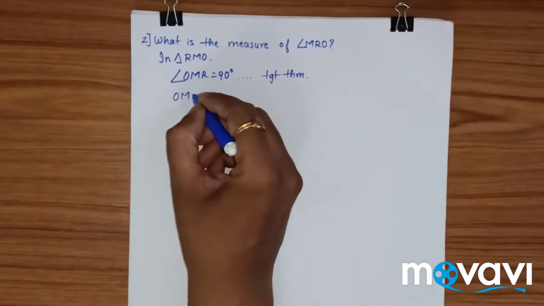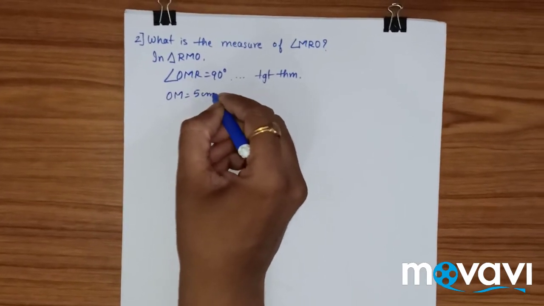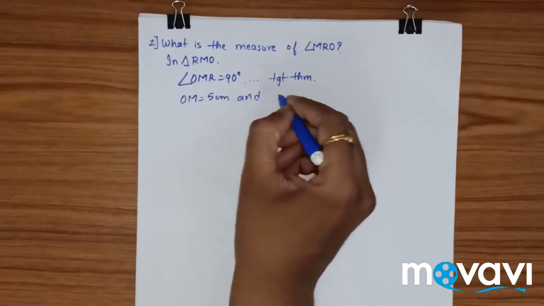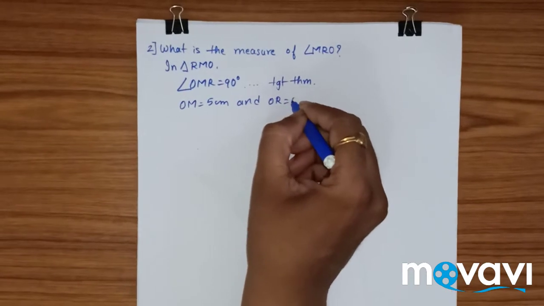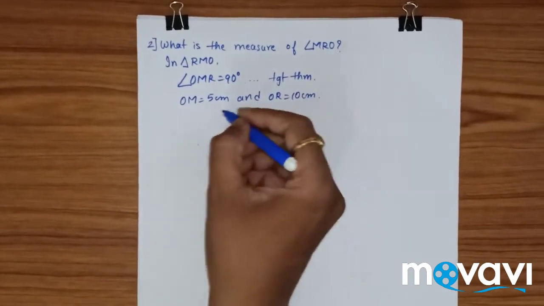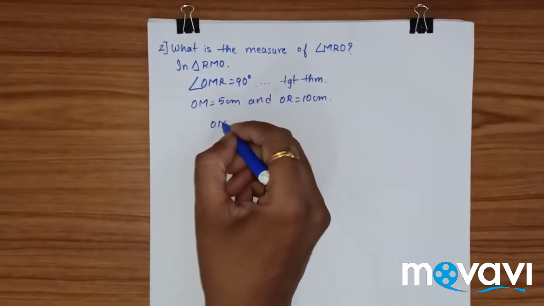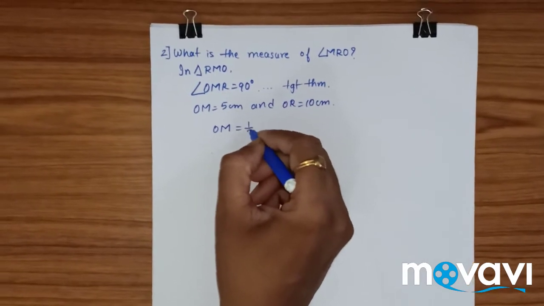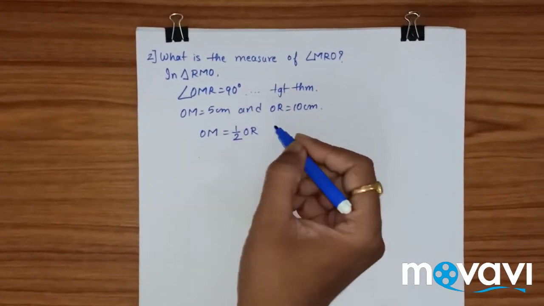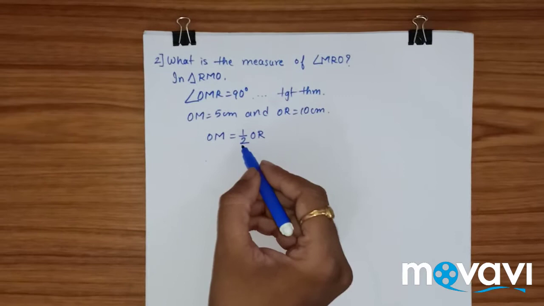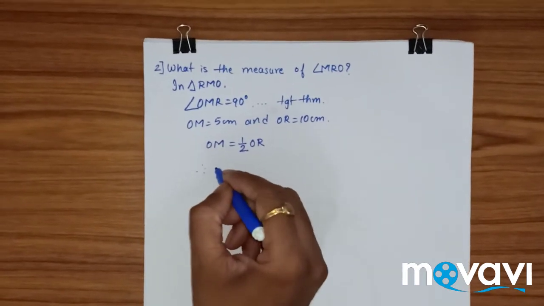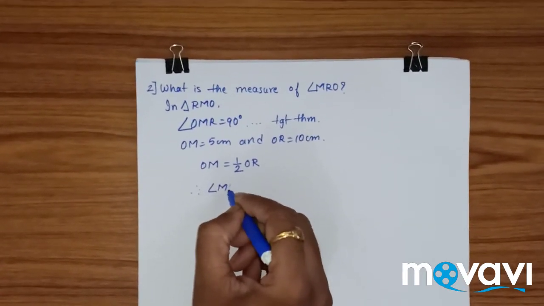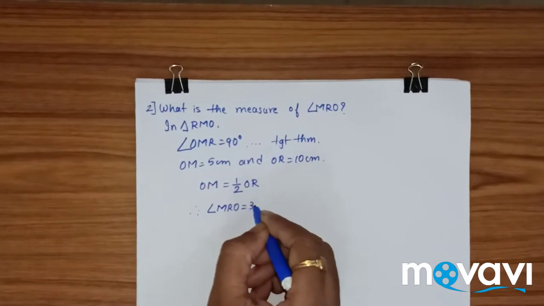OM is 5 and OR is 10. This is given to us. What does this mean? It means that OM is half of OR, that is half of hypotenuse. Therefore, angle MRO is equal to 30 degree.